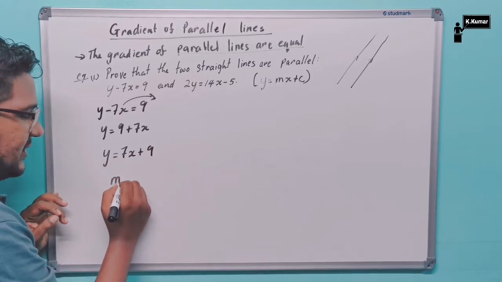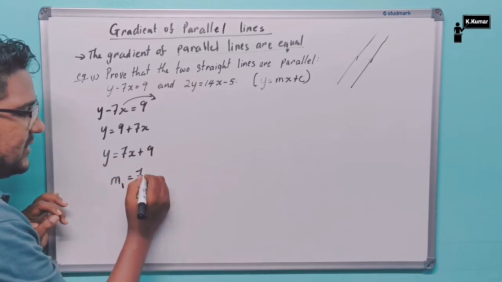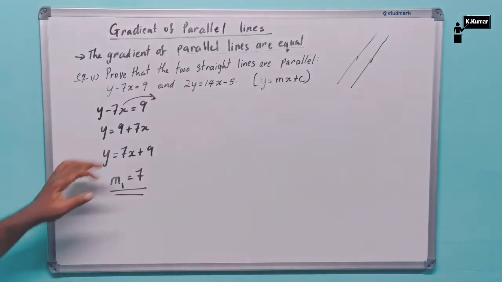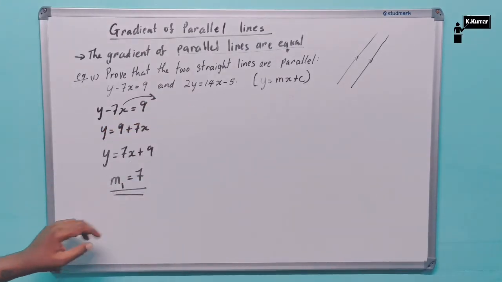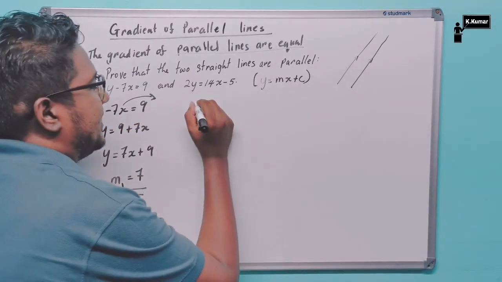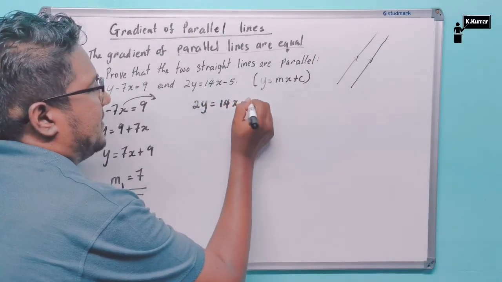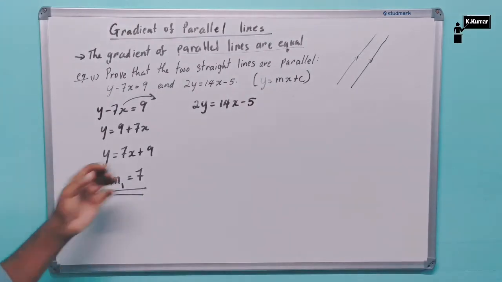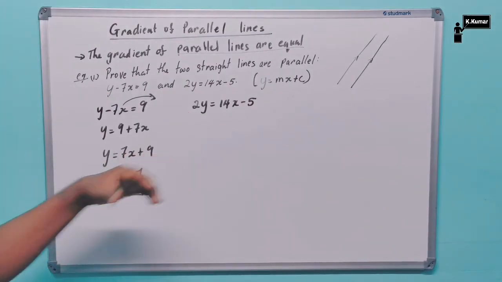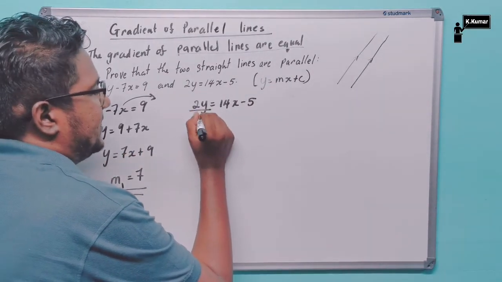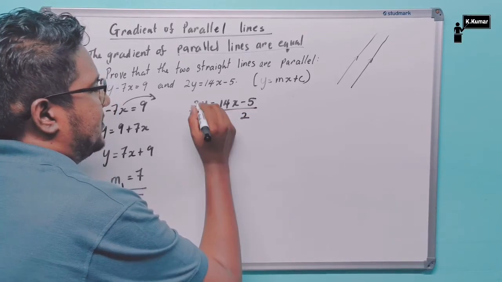So in this one, let's say m1 is equal to 7. Now let's use the other function and see if our gradient is also 7. So you have 2y is equal to 14x minus 5. We want y alone on one side, so that means we divide here by 2 and we divide here by 2.